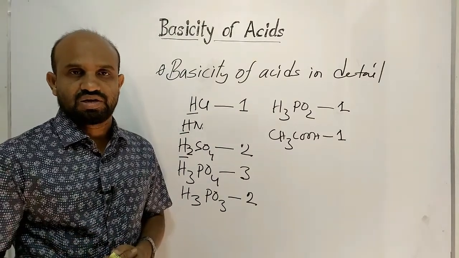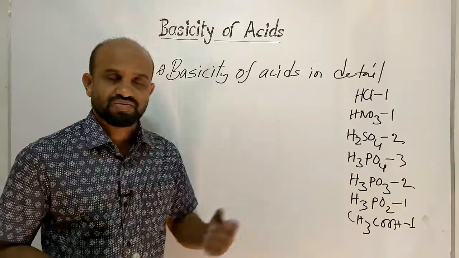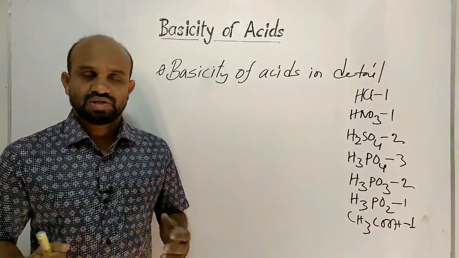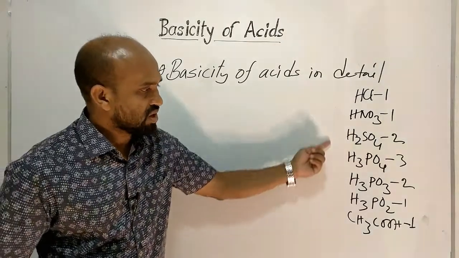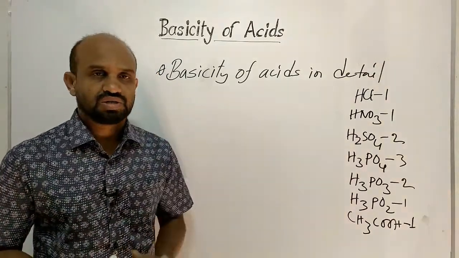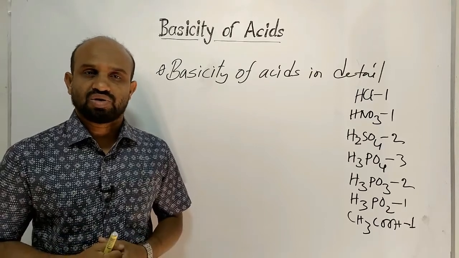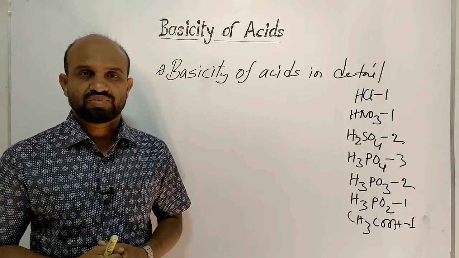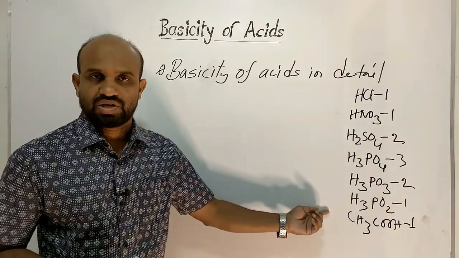Let's see in detail. Basicity of different acids are different. It doesn't depend on the number of hydrogen atoms. Rather, it depends on ionizable hydrogen atoms or replaceable hydrogen atoms by a base in a particular acid molecule.